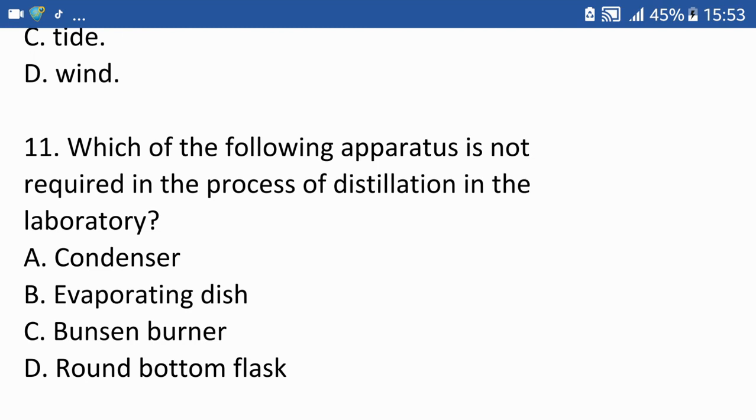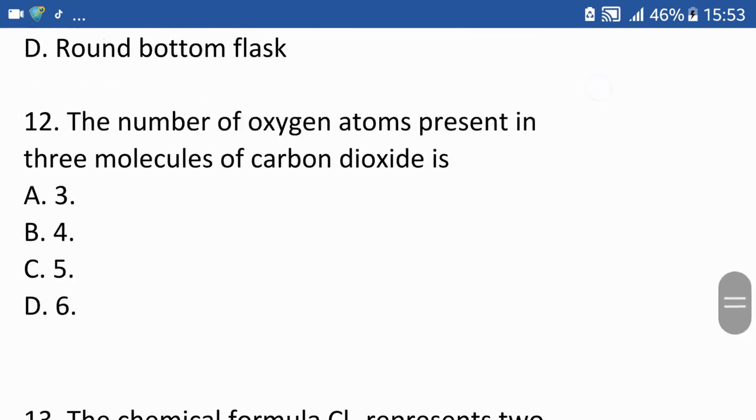Twelve, the number of oxygen atoms present in 3 molecules of carbon dioxide is.